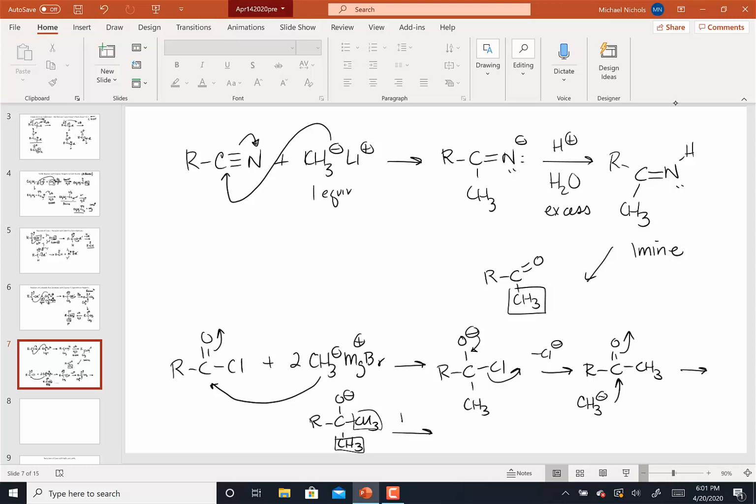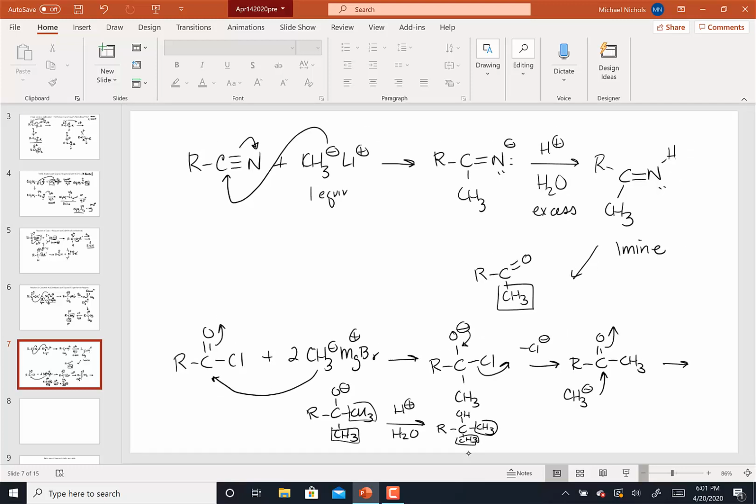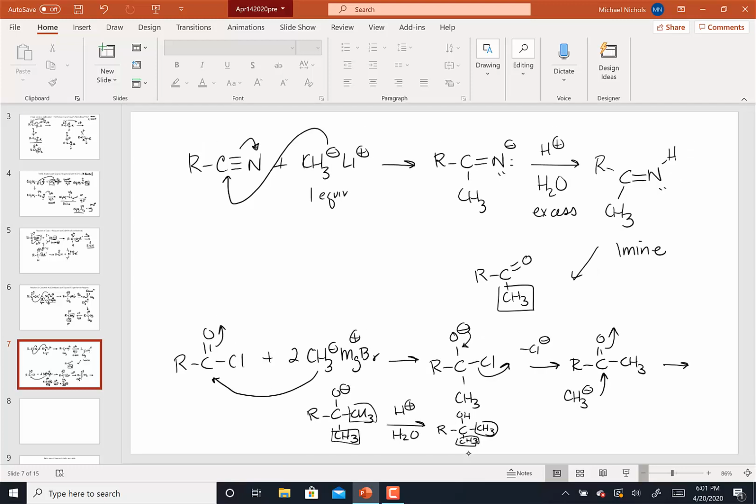I just wait for the H plus H2O step to come in, and now I end up forming again my tertiary alcohol where 2 of the groups are the same from the Grignard. Okay, so this was similar to what happened with the ester.